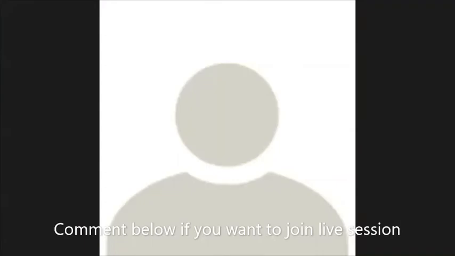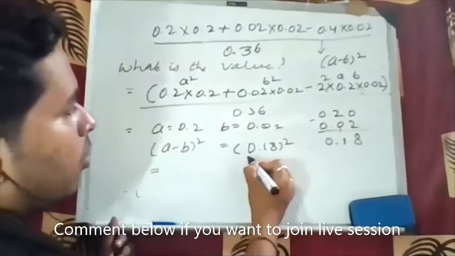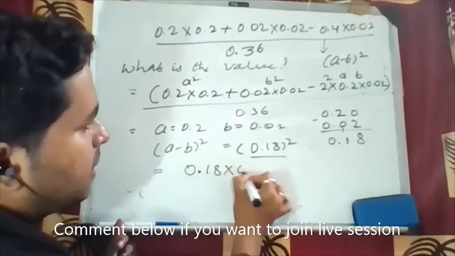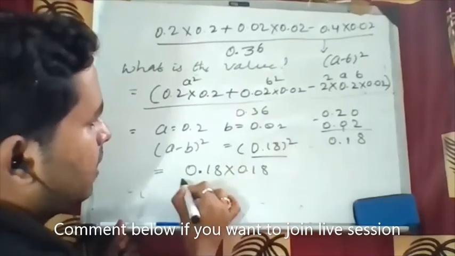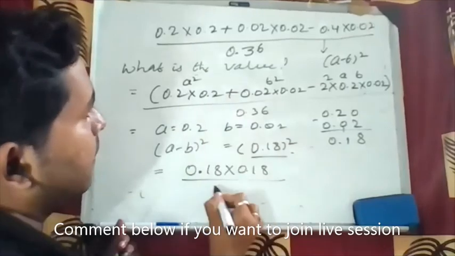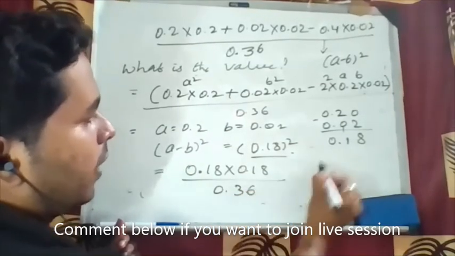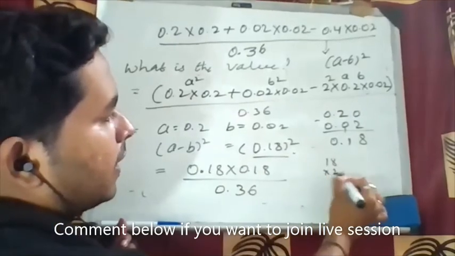So here what I got now, 0.18 square. I'll write that 0.18 and 0.18. This is my, I can write like this, and divided by 0.36. Okay, 18 to the 36.